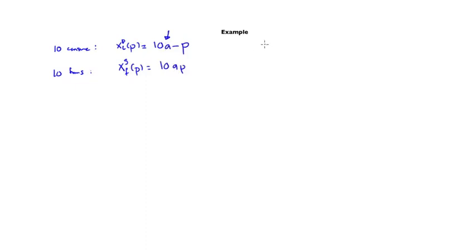Let's start by computing P star of A, which is given by the solution to aggregate demand equals aggregate supply. Aggregate demand is just going to be equal to the horizontal addition of 10 times this, which is 100A minus 10P, and aggregate supply is going to be given by the horizontal addition of this, which is just 100AP.